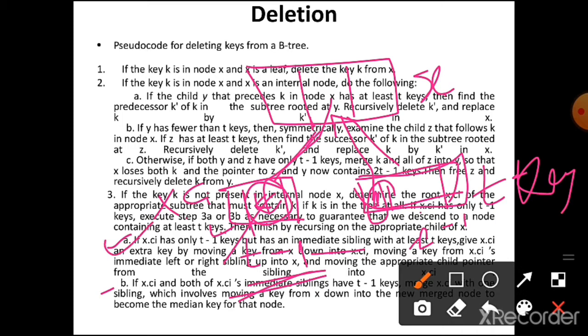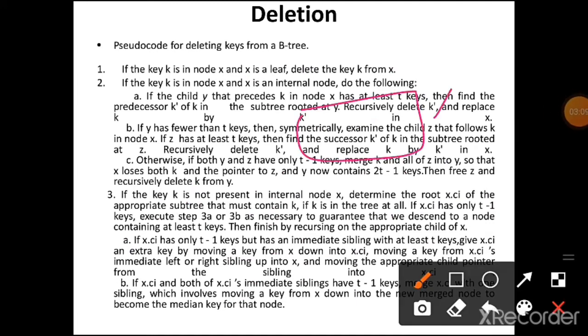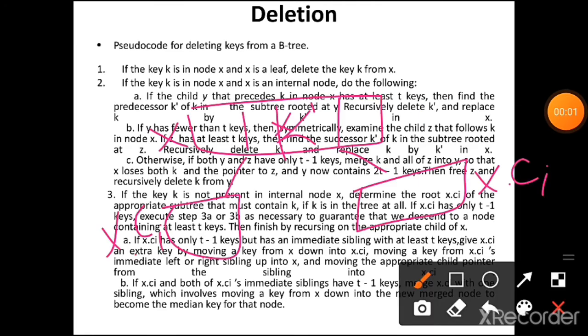The next case, 3b. In 3b, here this is x. This x node has two children, xci and xci, and these two siblings have only t minus 1 elements, so we can't take an element from either sibling and we can't replace it with x.